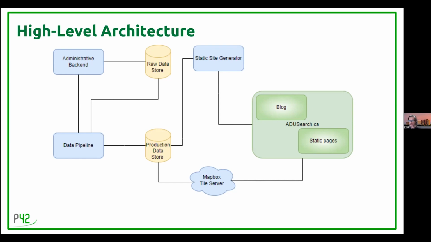And in the case that there is a challenge with that level of performance, we would be able to bring in a load balancer and add multiple web servers in order to serve those static pages up to more people. But that's just not an eventuality that's happened. So that is the alpha and the omega of the web and data pipeline piece of ADUSearch.